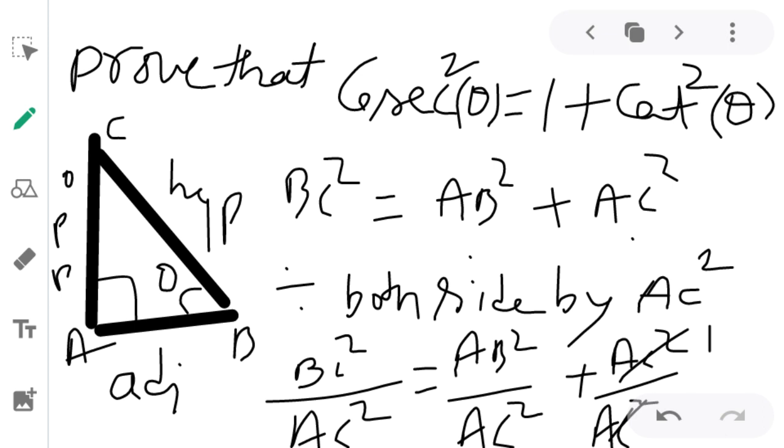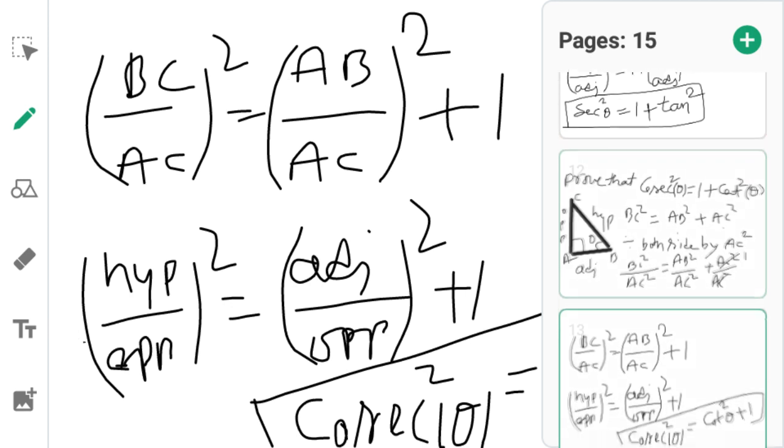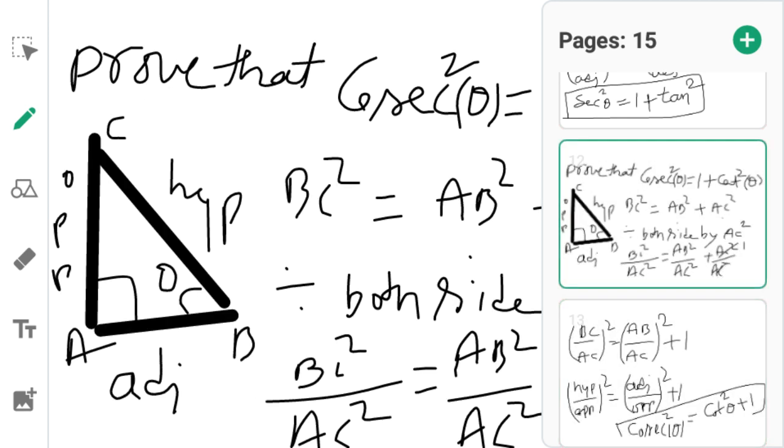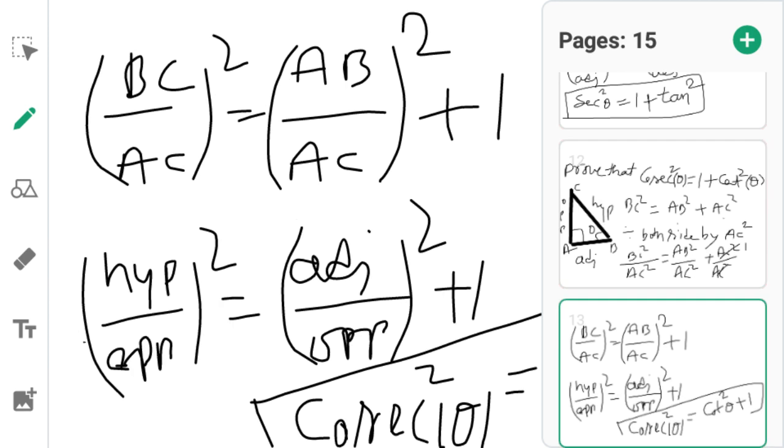When you divide, BC square by AC square, AB square by AC square, AC square by AC square cancels one times. Now it comes BC by AC whole square equals AB by AC whole square plus 1. In the diagram BC is hypotenuse, AB is adjacent and AC is opposite.